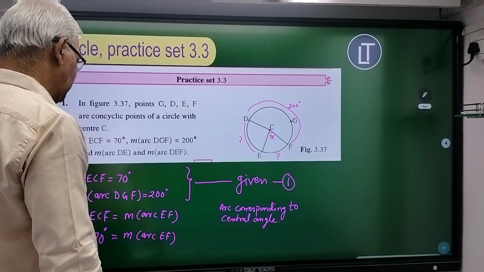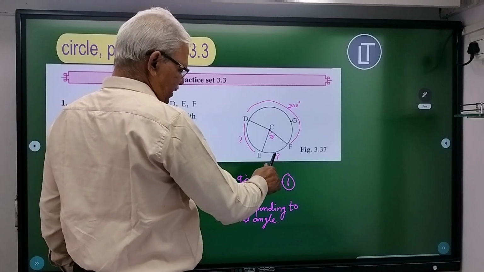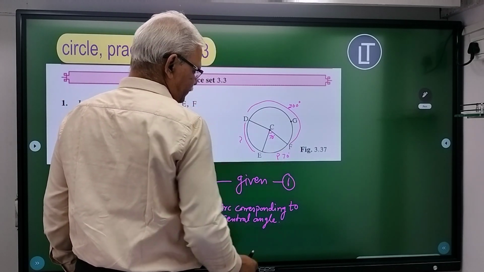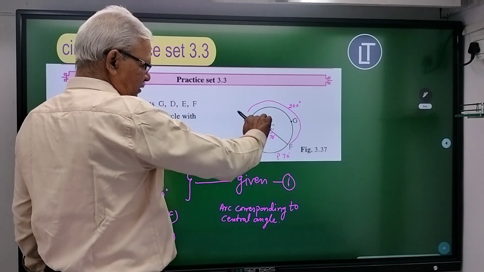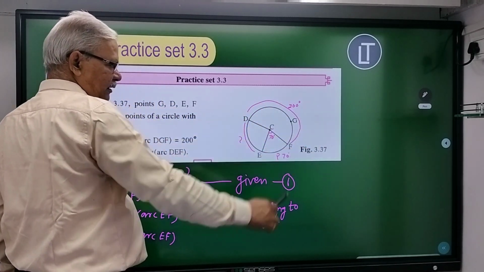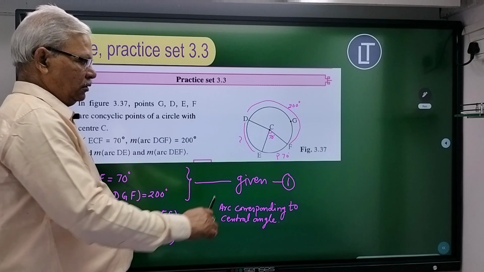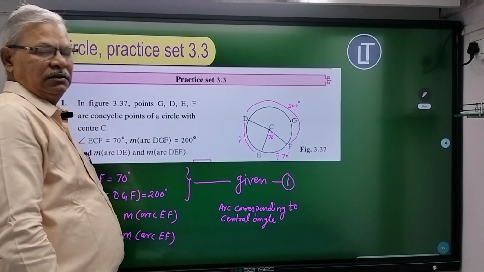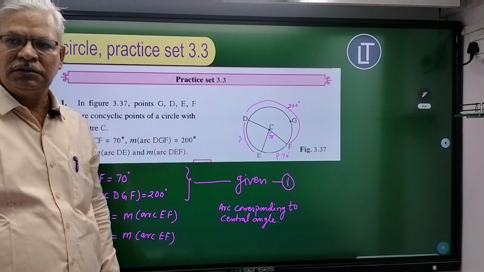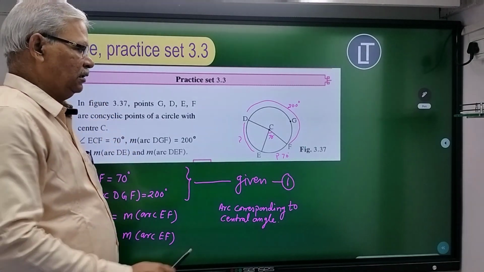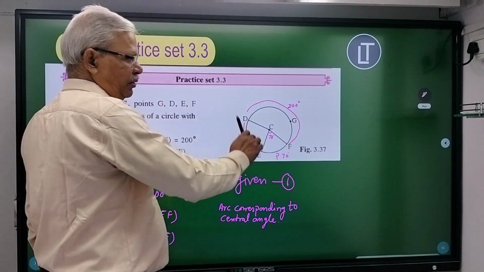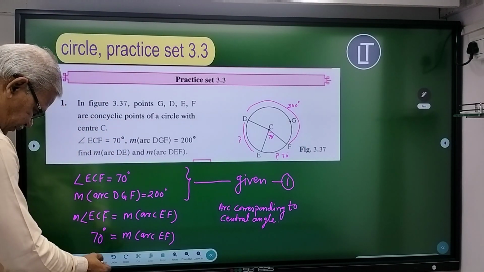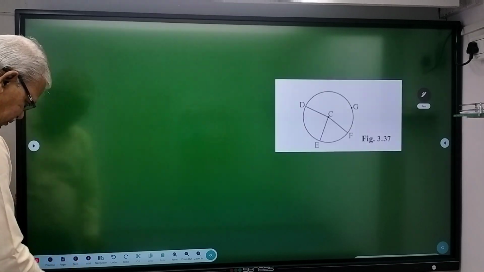Afterwards, now see here, we got the value of this arc. This is 70. This is 200. Therefore, the sum of all the arcs in the complete circle is equal to how much? 360. That is the measure of the complete circle. That we are going to write here. Now see, next here.